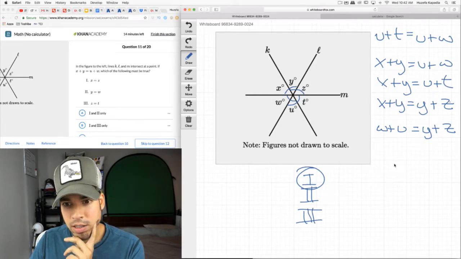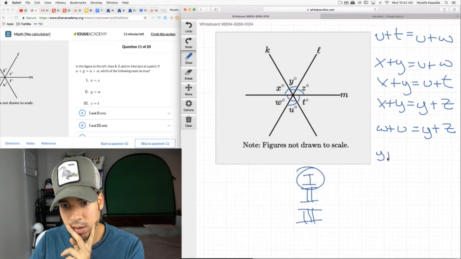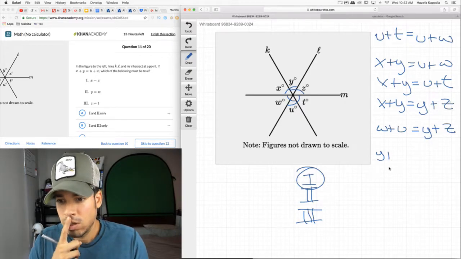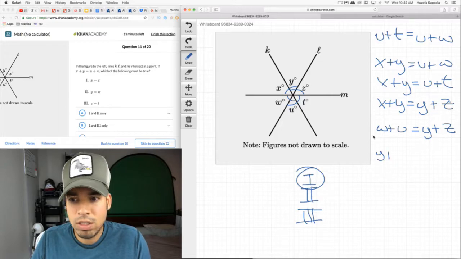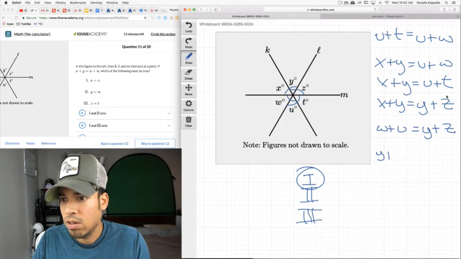So we want y and w. So y plus x equals, I don't think we can prove the second one. Let's try z and t.